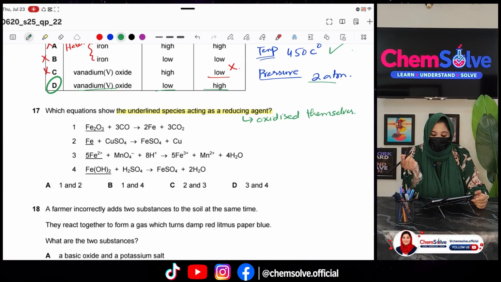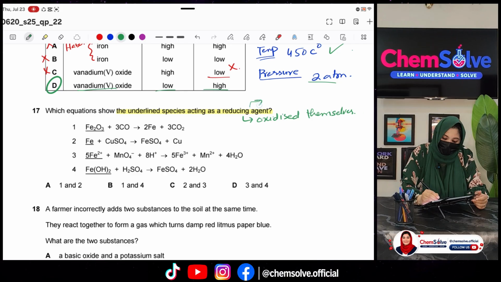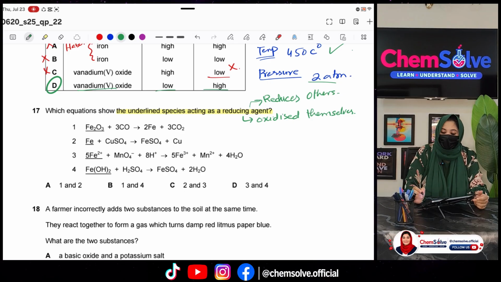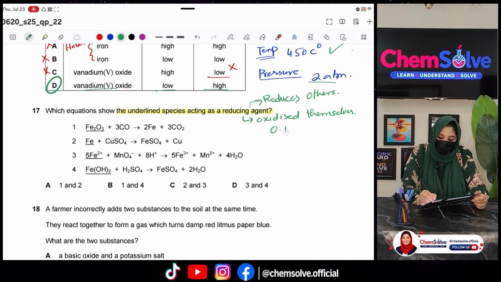This is the definition of the reducing agent. Reduces other, but they themselves are oxidized. If they are oxidized, their oxidation number increases. Okay.